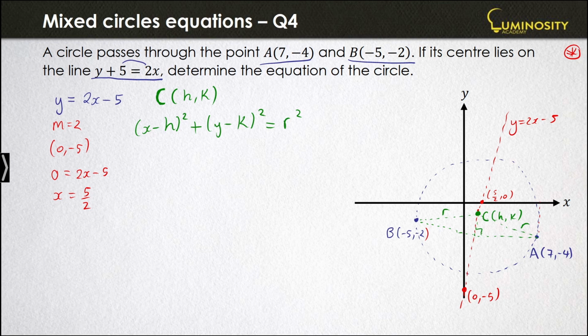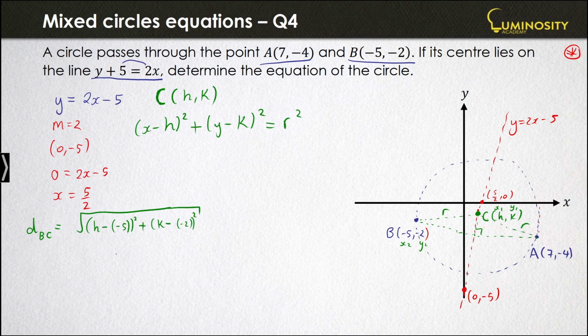The distance from the point B to the center C is going to be the square root of, calling x1, y1 as h and k, and x2, y2 as (-5, -2): (h - (-5))² + (k - (-2))².